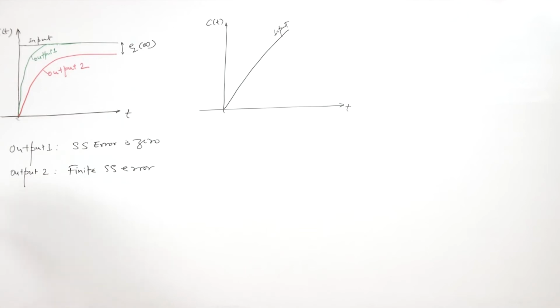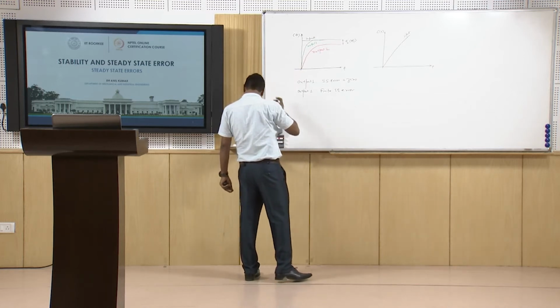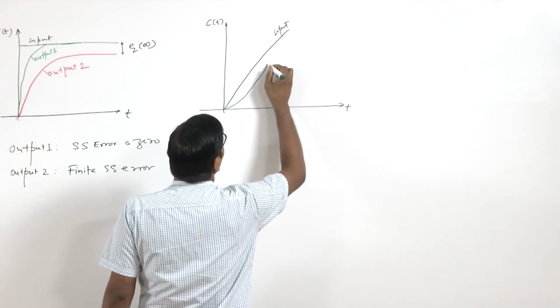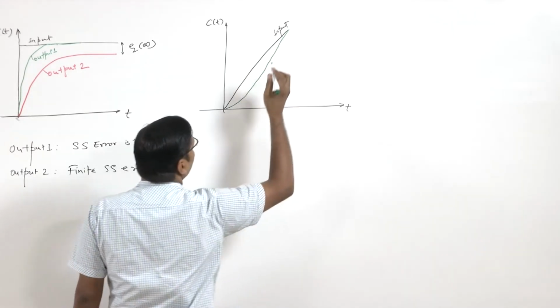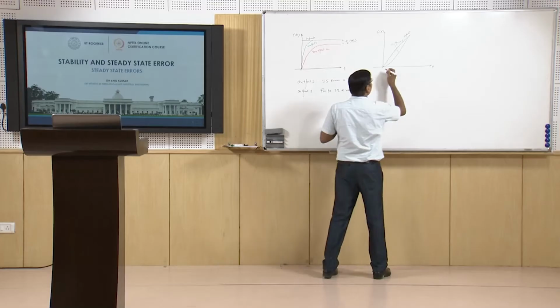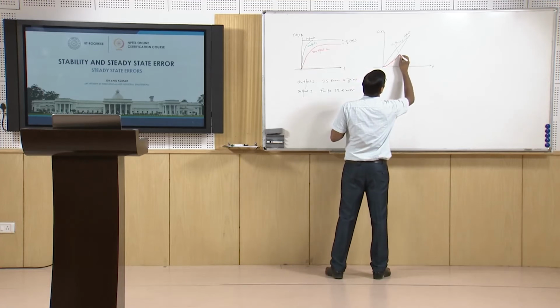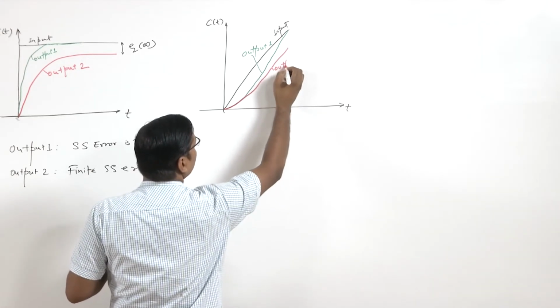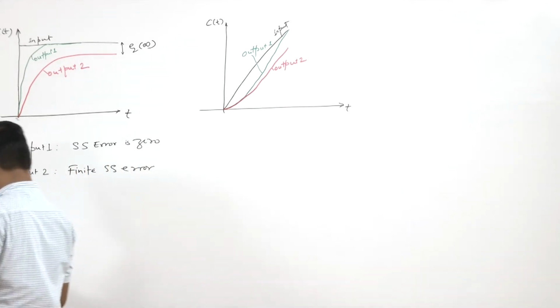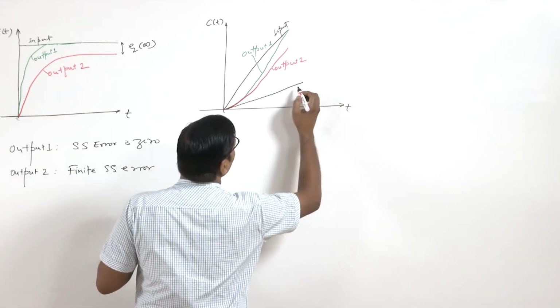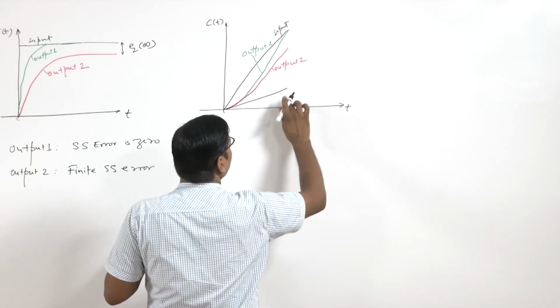Now here, so this is output 1. This is output 2. And this is output 3.